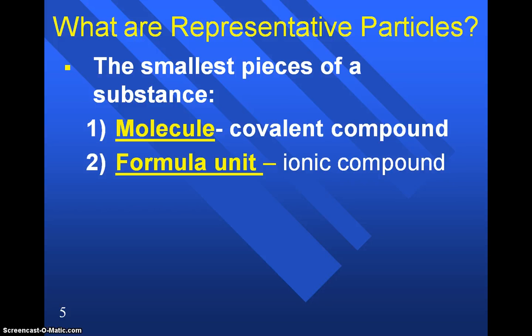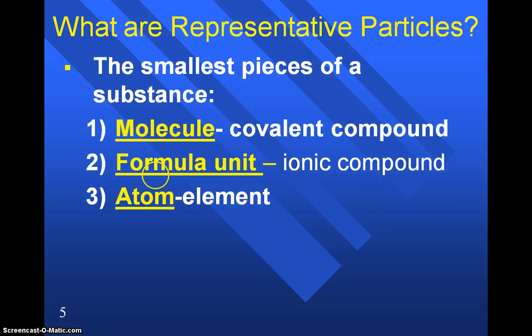An ionic compound's representative particle is a formula unit, and an element's representative particle is an atom. So if I had 1 mole of table salt, sodium chloride, that means I would have 6.02 times 10 to the 23rd formula units of sodium chloride. If I had 1 mole of carbon dioxide, I would have 6.02 times 10 to the 23rd molecules of carbon dioxide.